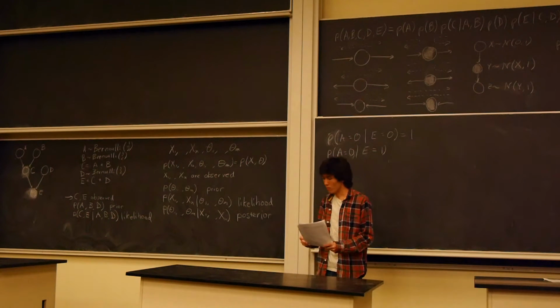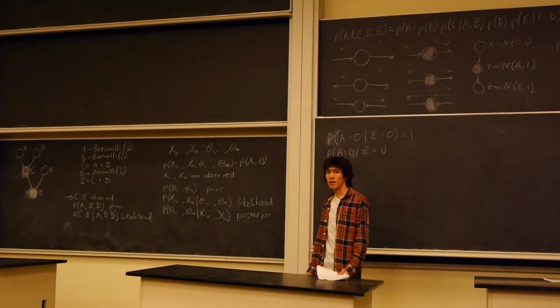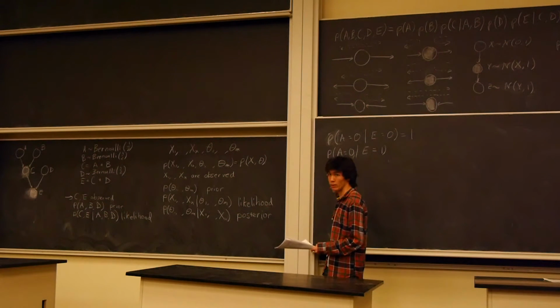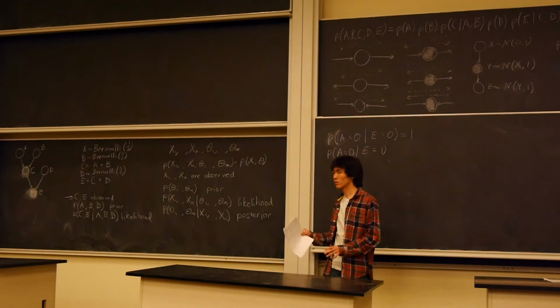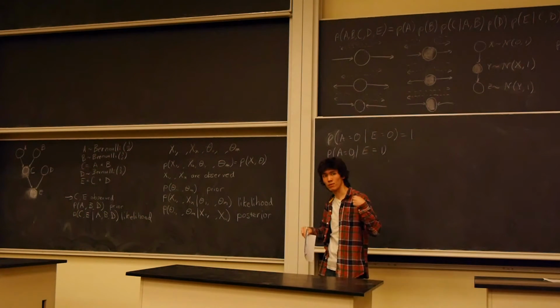But what if that model were a lot bigger, a lot more complex? And I need some sort of standard way to compute this kind of probability without having to rely on the model being small enough for me to reason through, right?